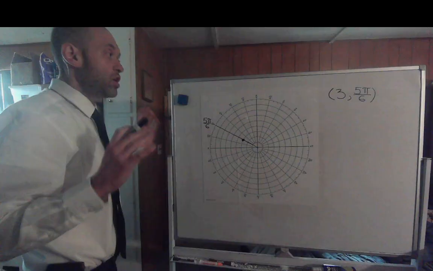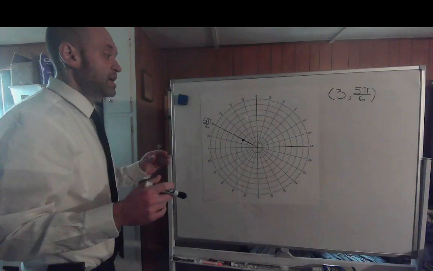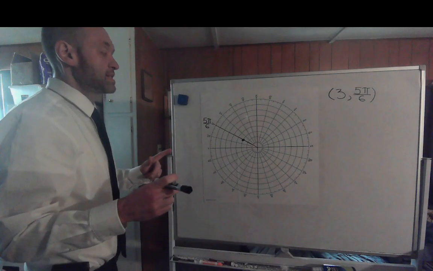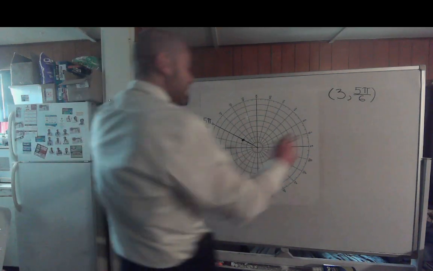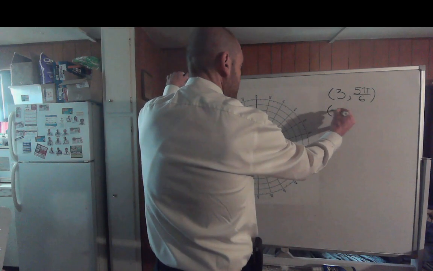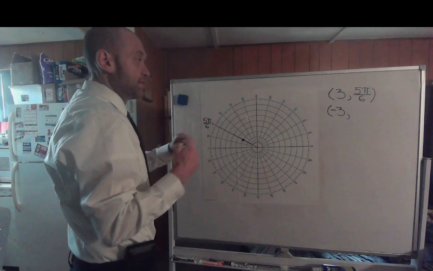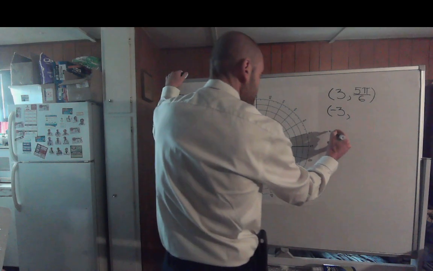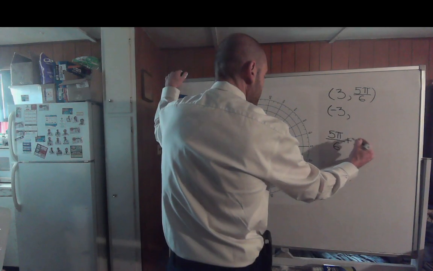But I can also have a negative equivalent to this. If I wanted to do that, let's say I want to make my r negative. So we're going to take negative 3. If I wanted to have a negative r, that's fine. I just need to take that 5 pi over 6 and go ahead and add pi to that.